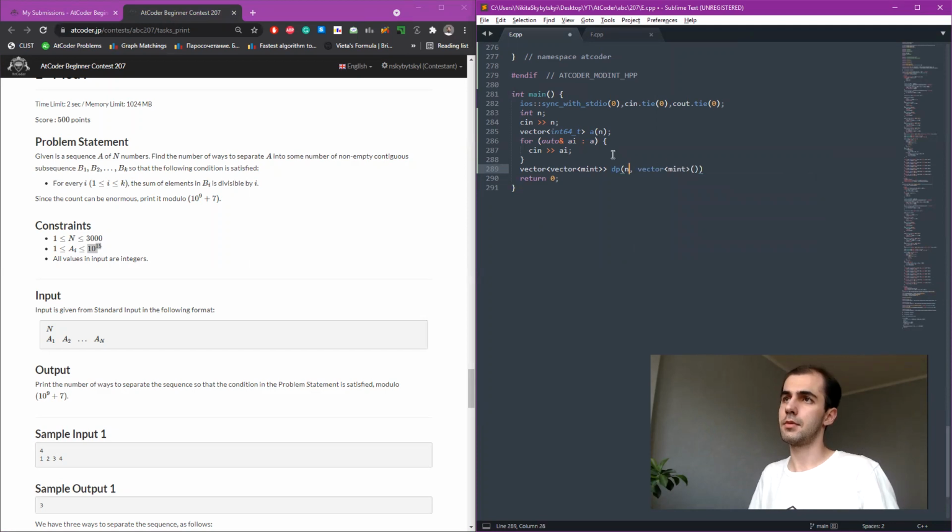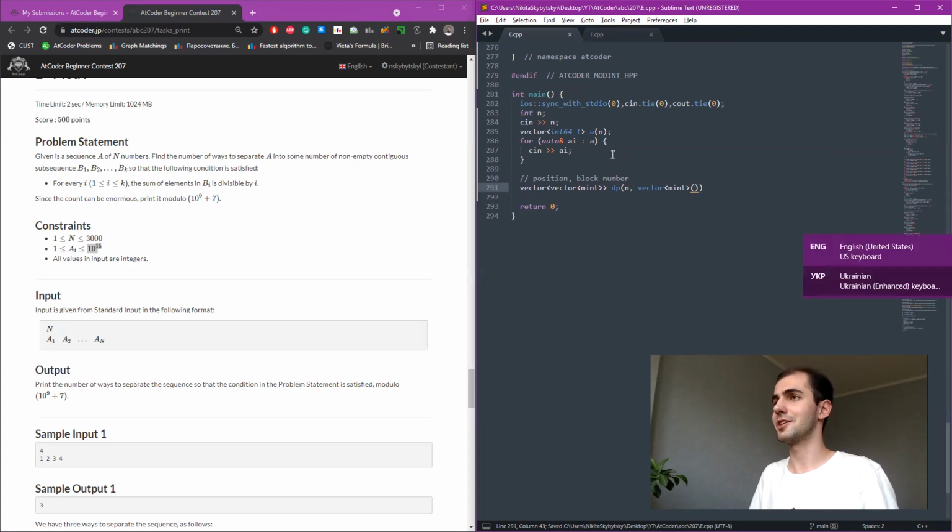Okay, so n indices. Position, block number. Block number sounds like blockchain, whatever. That's why I did not really want to use that name, but what is it? How many blocks?